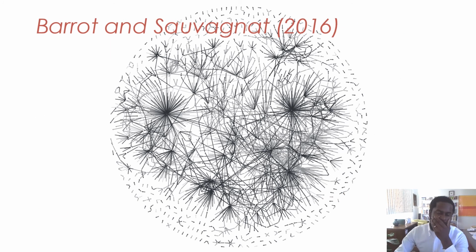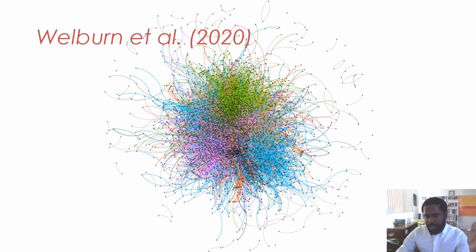And so this is the picture then. The first step was similar to Barrot and Sauvagnat, using the SEC EDGAR data and other sources in order to estimate a network, which is somewhat more of a complete picture here.